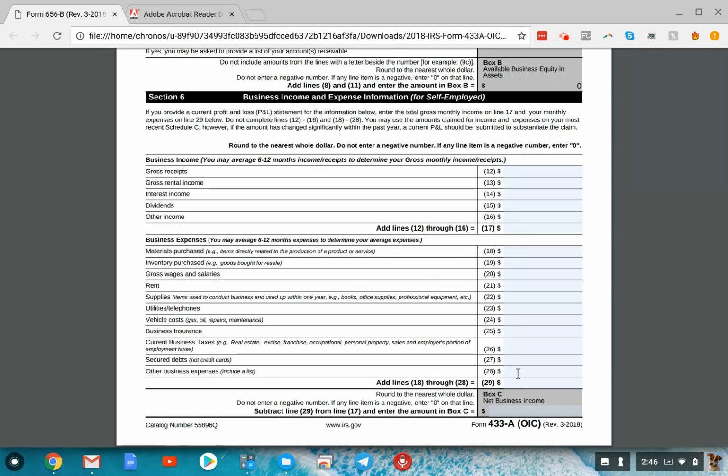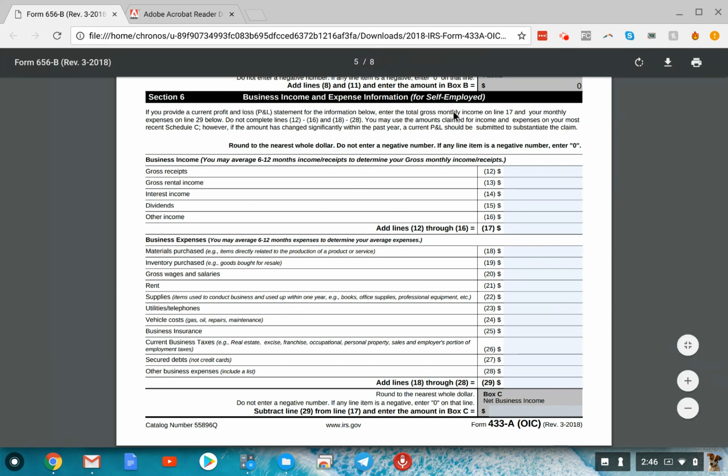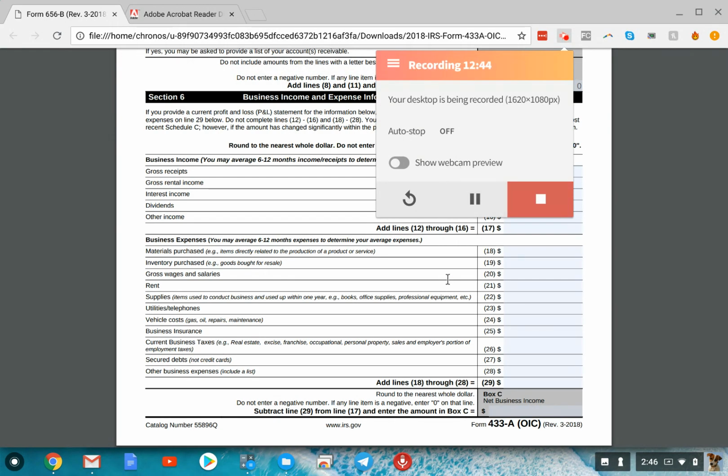If you want to do that, you can just add them up together when you're using the Schedule C. That makes it easier to base this whole section off the Schedule C. If you're not, then you have to fill it out based on more recent information. If more recent information shows your income is less, sometimes it is worth doing that. We usually do Schedule C because it's just simpler, and most of the time the person qualifies anyway. Okay.